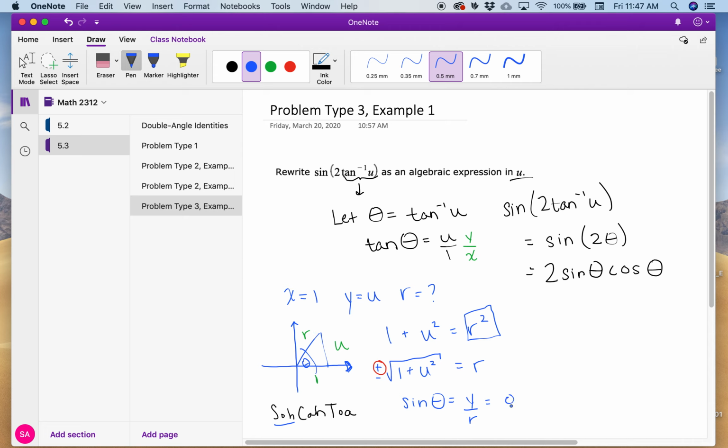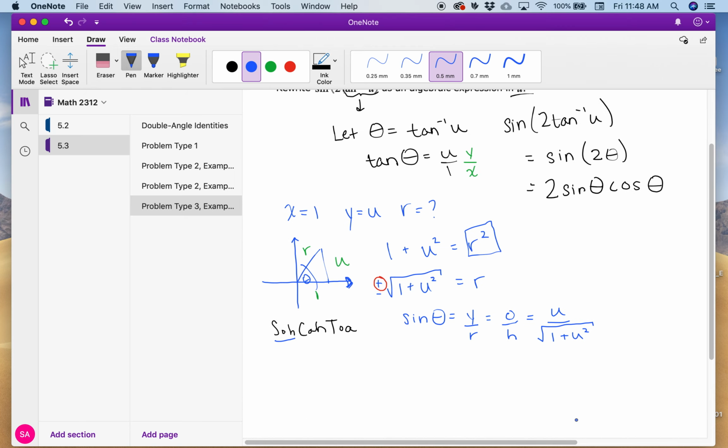So y over r and O over h, it's the same thing. You get the same exact value. So however you want to approach it, you do what works best for you. So our y was u, our r was this lovely thing, the square root of 1 plus u squared.